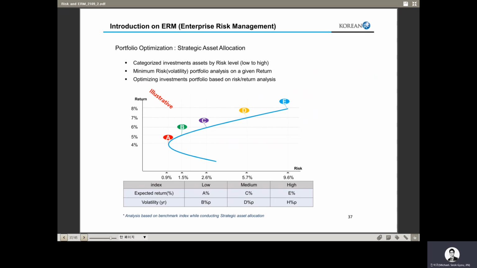This is the efficient frontier method. Using this method, we optimize our investment portfolios based on this kind of risk-return analysis. If our company is targeting high risk and high return, then we are going to choose strategy E. But if we are pursuing lower risk and low return, then we are going to choose A in this example.